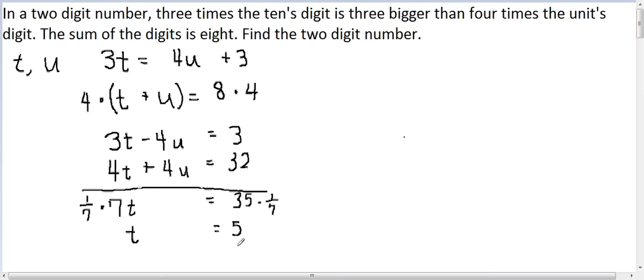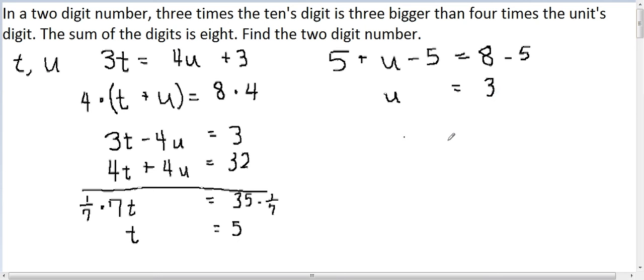If we substitute 5 back into that equation, we get 5 plus u is equal to 8. Then we subtract 5 from both sides of the equation. And 5 minus 5 is 0, so we get u is equal to 8 minus 5, which is 3.